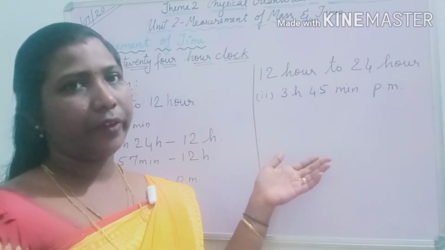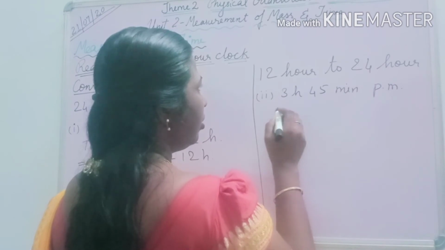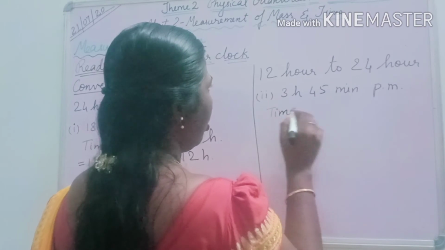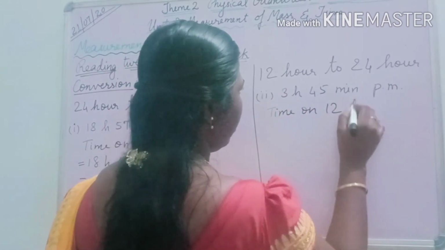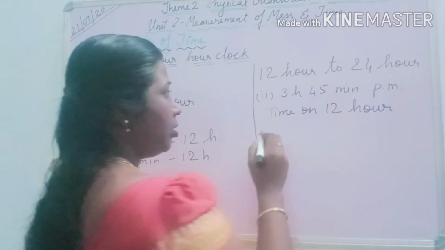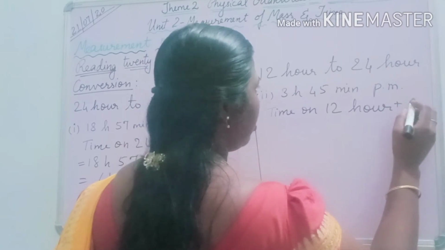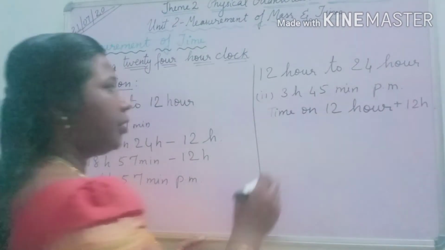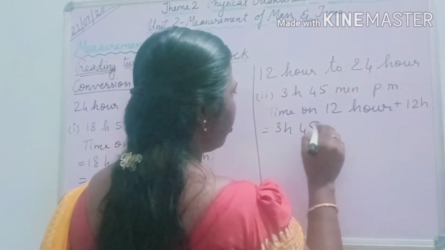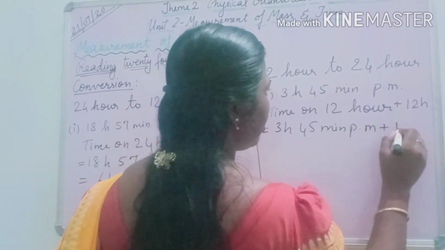So time on 12 hour, this is only possible for PM, plus 12 hour, equals 3 hour 45 minute PM plus 12 hour.